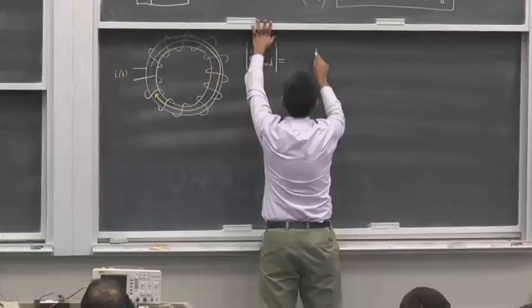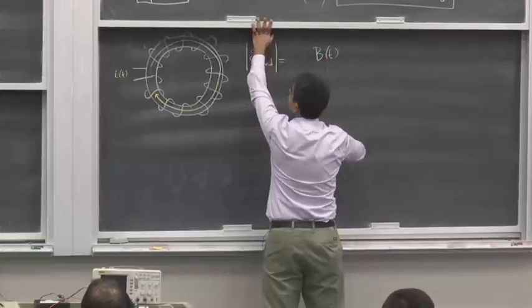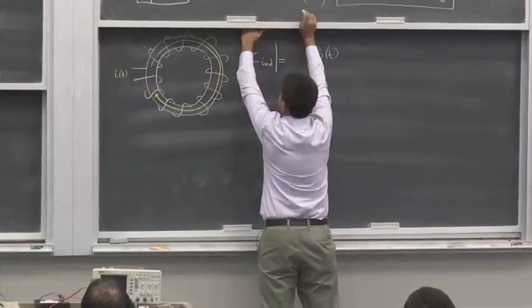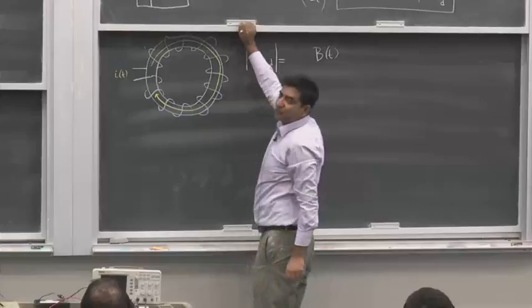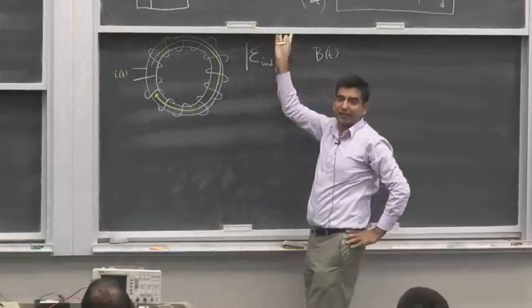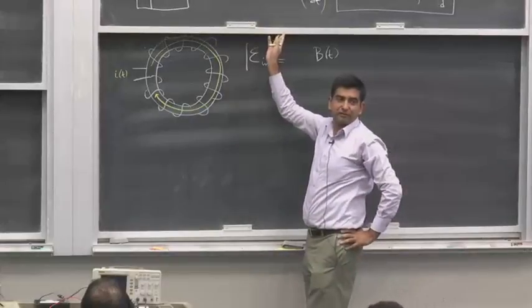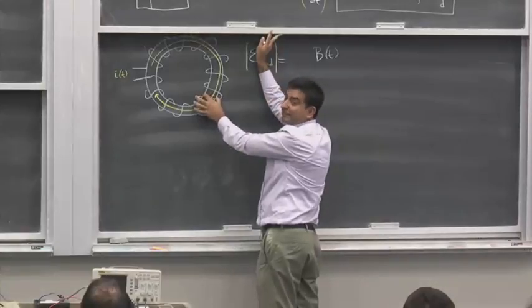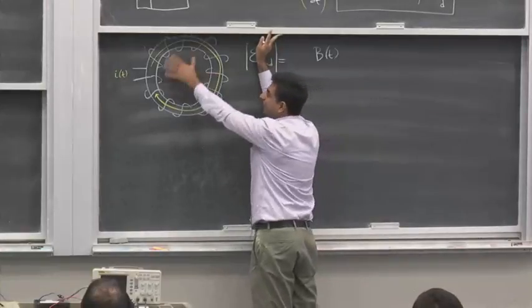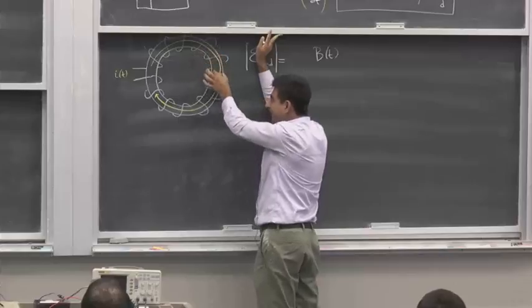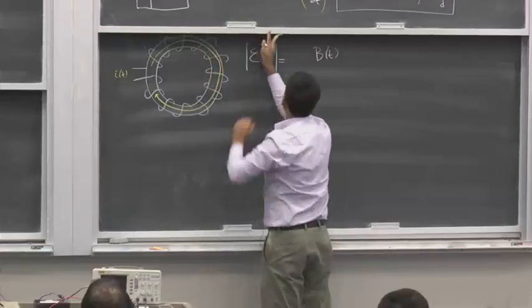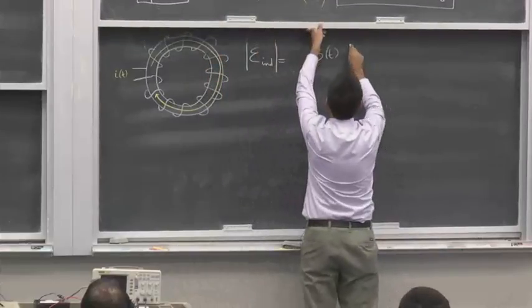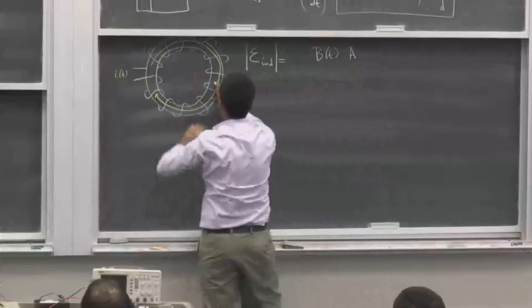The field is B. And what area are we going to talk about here? What area should we take? Exactly, it's the cross-sectional area of this toroid, nothing else. Not the area inside here, because the field is penetrating inside this area only. So I take B times the cross-sectional area of this toroid.